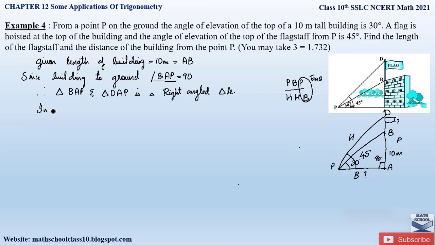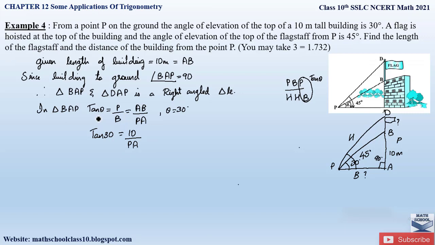So in triangle BAP, tan theta is equal to perpendicular by base, where the perpendicular value is AB and the base value is PA. Since our theta value is 30 degrees, tan 30 is equal to AB, which is 10 meter, divided by PA, which we have to find out.